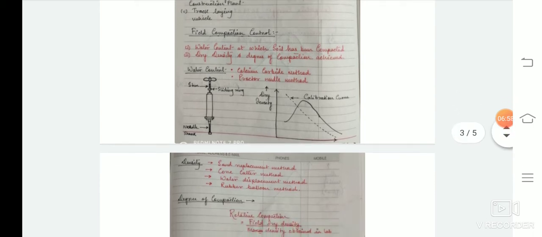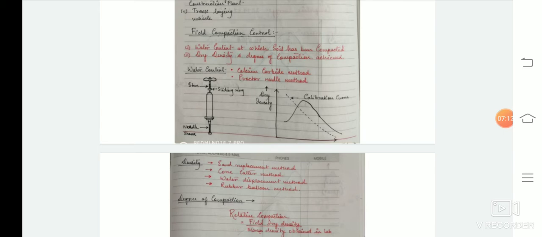Normally, for achieving proper compaction control, rapid testing methods are adopted. For rapid determination of the water content, we can use two methods. The first is the calcium carbide method and the second is the proton needle method.